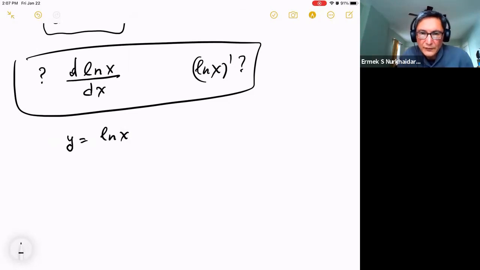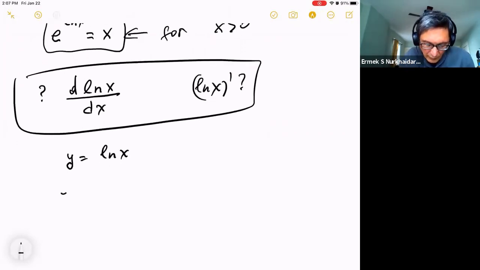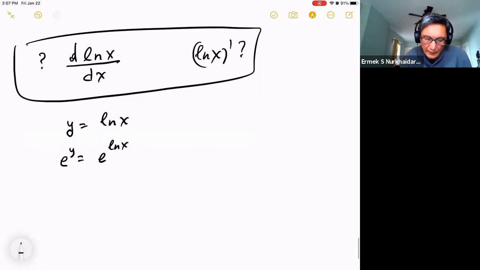So I want to get rid of ln of x, and to do that I will use the formula we have on top. I will take e to the power y equals e to the power ln of x. As long as I'm doing the same for both sides, I'm in good shape. Now I can rewrite the right expression, e to the ln of x, as just x. So I get e to the y equals x.